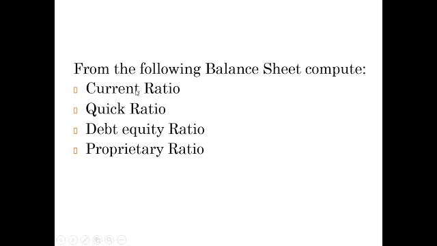So now with the help of the balance sheet, we can calculate the four ratios. Here you need to know the formulas for the calculation. Current ratio and quick ratio come under liquidity ratio, and the formula for the current ratio is current assets upon current liabilities, and quick ratio, also called liquid ratio, is quick assets divided by quick liabilities, or sometimes we can consider current liabilities.